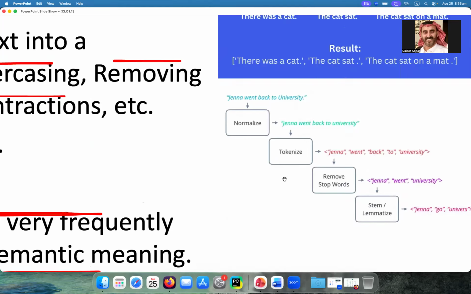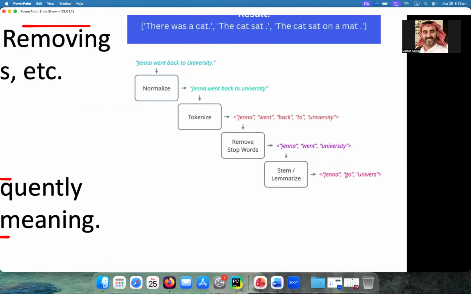So let's see if I have some. If this is a sentence, we are applying normalization, and then Gina went back to university. The U now becomes lowercase. Tokenization, okay, words separated. Stop word removal: the stop words, the frequent words, back and to, are removed. And then stemming and lemmatization.